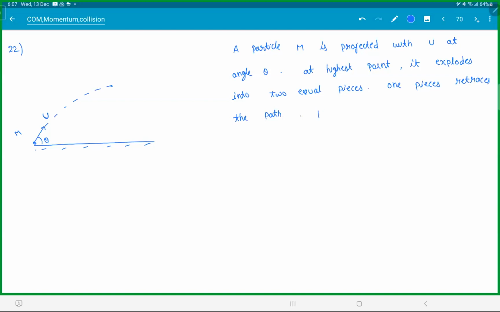Find the position of the second piece. This is a standard question.